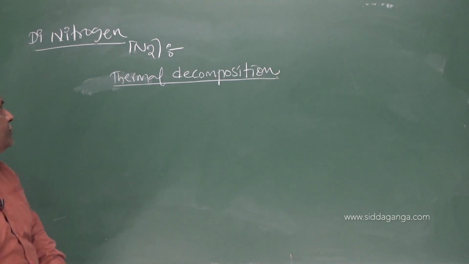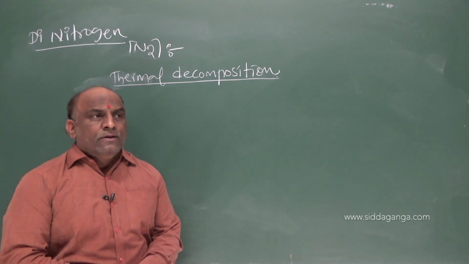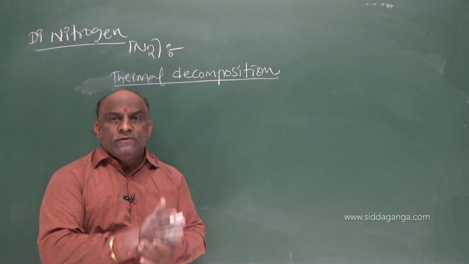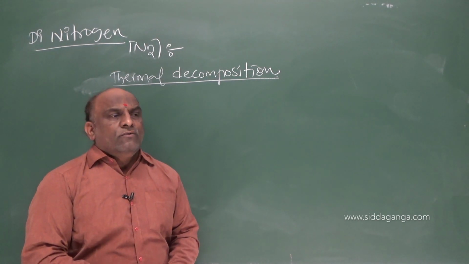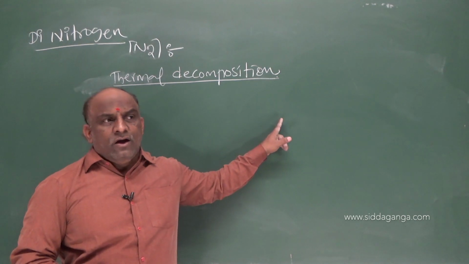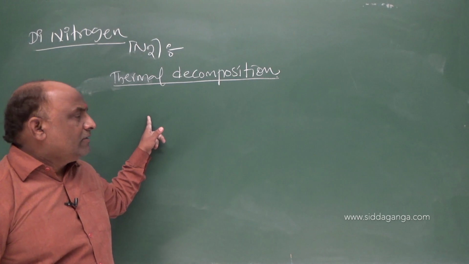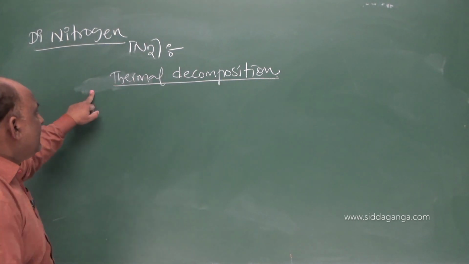What do we have to revise? If you find thermal decomposition, what will be the product? How do we expect the product from particular reactants? So make a note regarding this thermal decomposition.